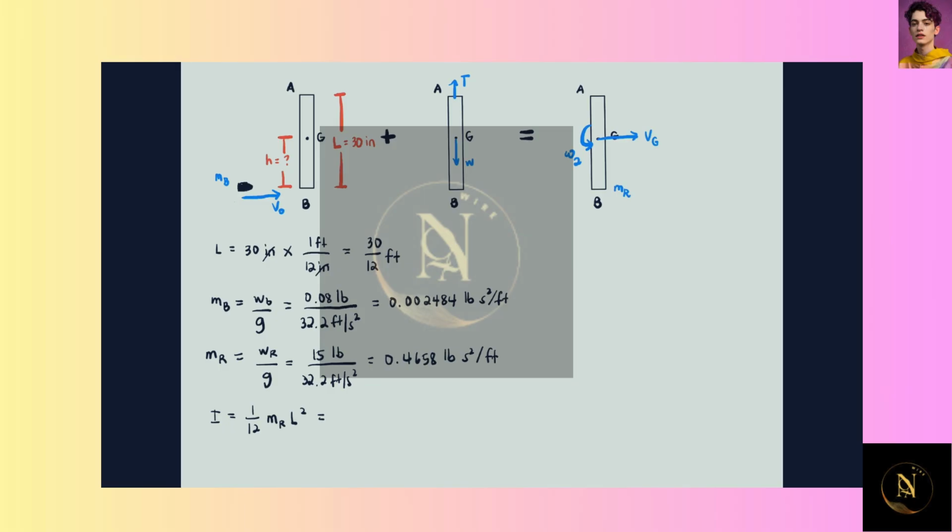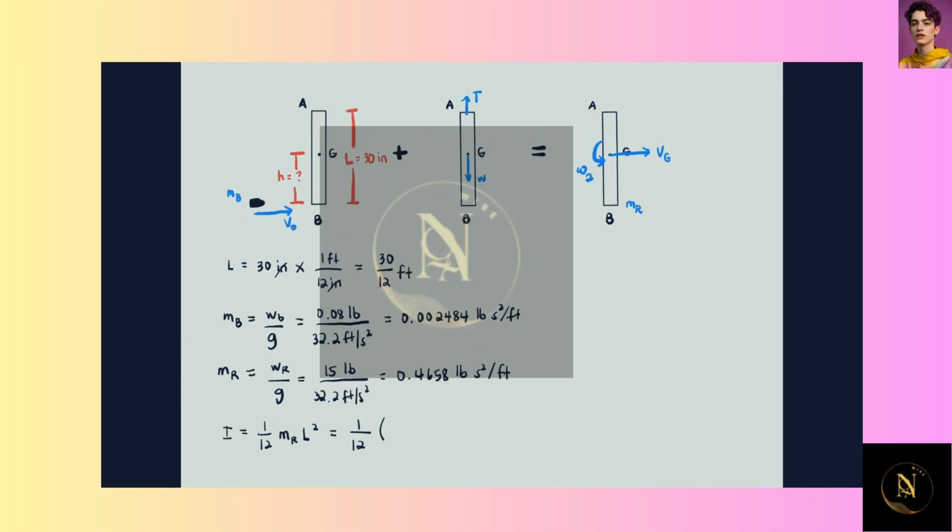This will be equal to 1 over 12 times 0.4658 pound second squared per feet times the length, which is 30 over 12 feet, squared. This is equal to 0.2426 pound second squared feet. Those are the values that we have.